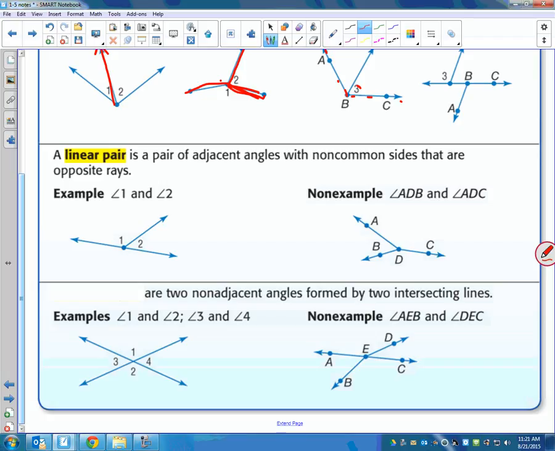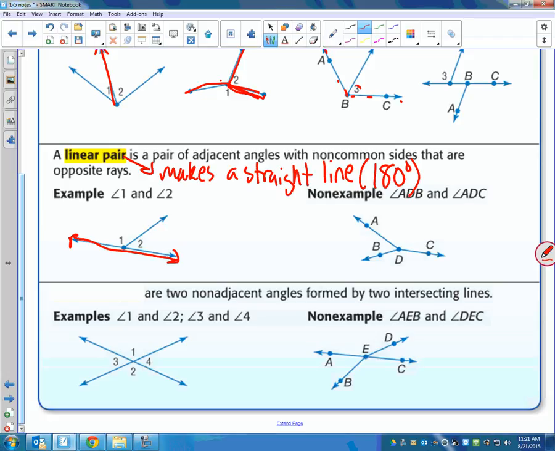They together would make 180 degrees. You see that statement? So a linear pair makes a straight line, and I'm going to put in parentheses 180 degrees. So notice the non-example does not make 180 degrees. That's why it's not a linear pair.